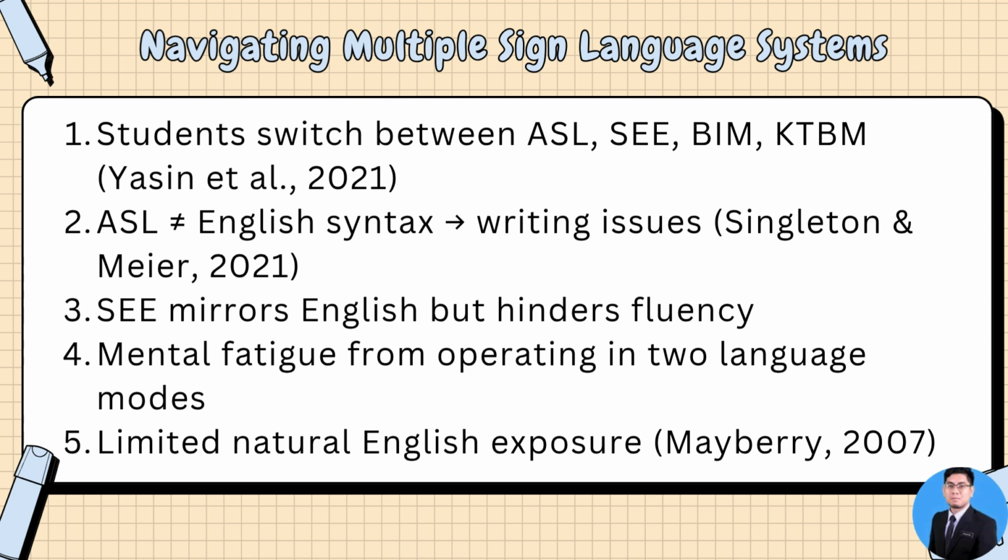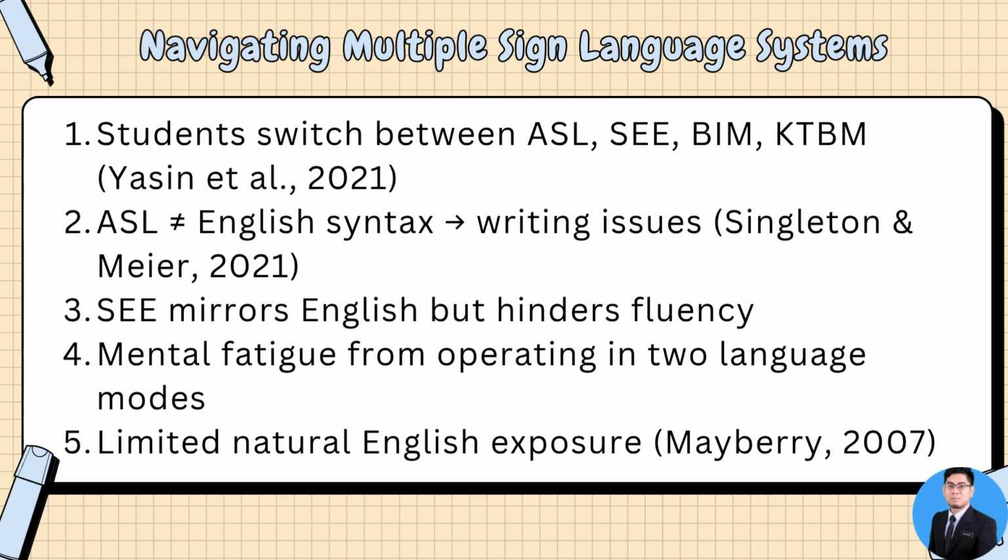The next challenge is navigating multiple sign language systems. One of the most taxing challenges for DHH students and educators is switching between different sign systems, ASL, SEE, BIM, and KTBM, especially in Malaysia. For example, ASL is a natural language which doesn't follow English grammar.